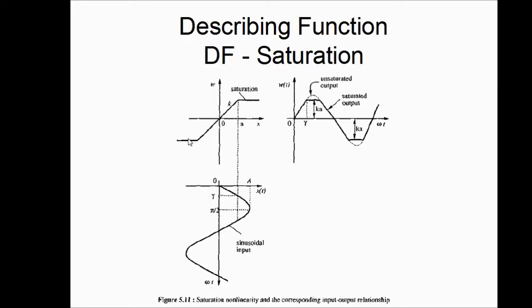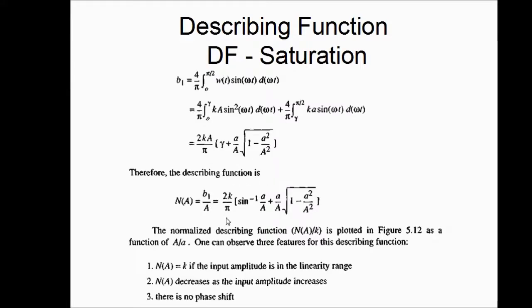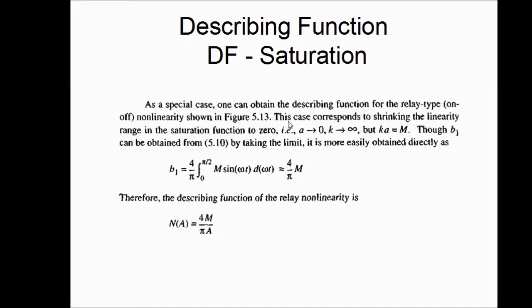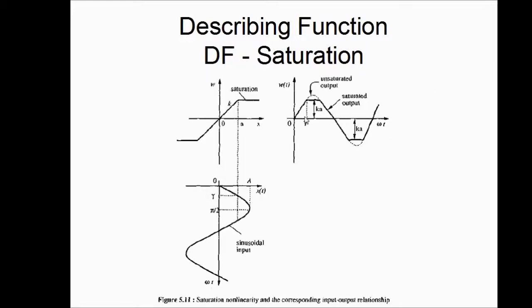So we can get the describing function for the on-off nonlinearity as a particular case of the describing function of the saturation nonlinearity, which may be obtained by this formula we just computed, putting the condition on K. This corresponds to shrinking the linear range of the saturation function to 0. That is, a goes to 0, K goes to infinity, but K into a is a constant.